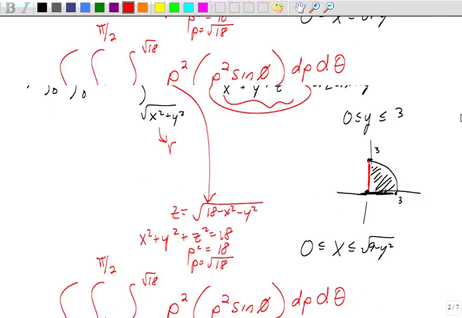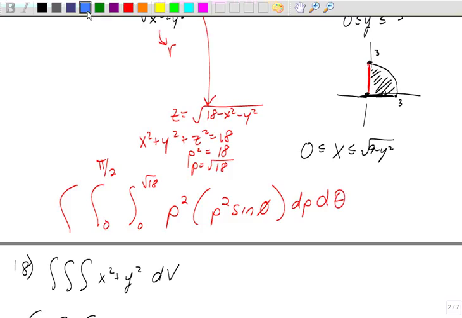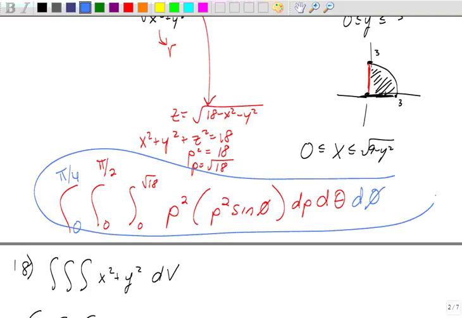So that's how they get the limit down here. We're going to go from phi, d phi is 0 to pi over 4. And that's what you have to integrate there. So you have to be careful when you're finding the limits of integration. Okay, I hope this helps you when you work on your problems.